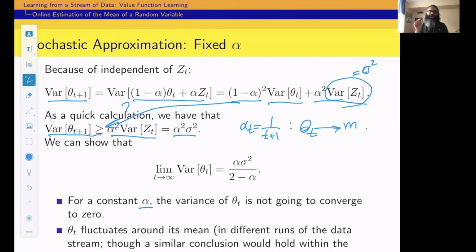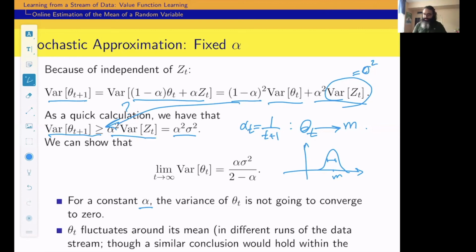It is concentrated around the mean. But the estimator that we have here, if this is m, gets to something like this with some variance, which is not going to be 0.